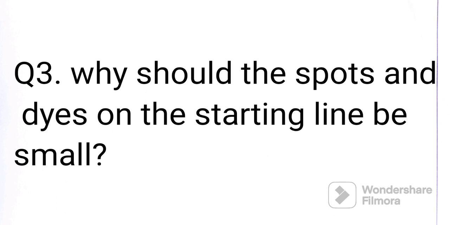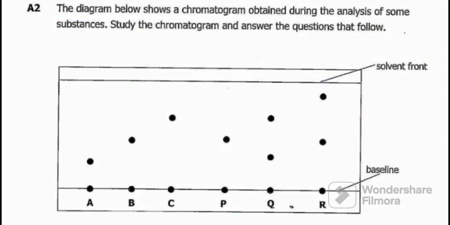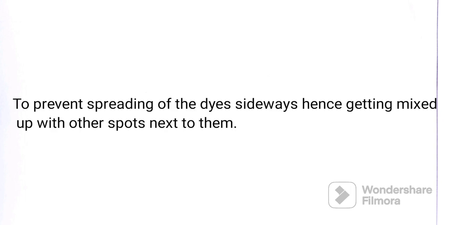Question 3. Why should the spots and dyes on the starting line or the baseline be small? Why should these black dots we are seeing be small? It's to prevent spreading of the dyes sideways, hence getting mixed up with other spots next to them.